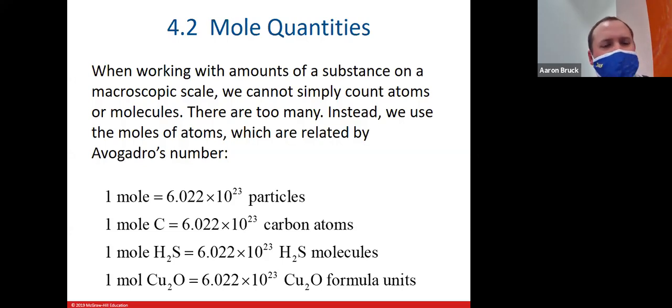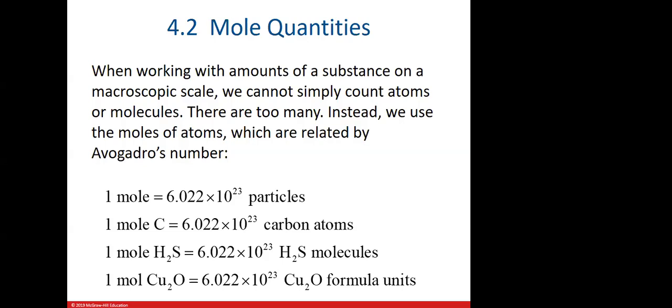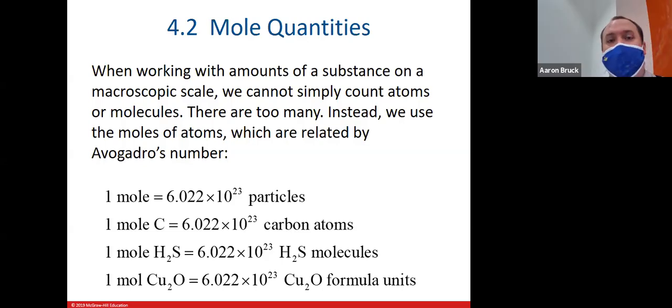The definition that we use for particles and for mass is dependent upon something called carbon-12, the isotope of carbon that contains 6 protons and 6 neutrons and 6 electrons. And it was determined at one point in time that 12 grams of that carbon-12 contained that number of particles. And that was the basis for our definition for all other kinds of things.